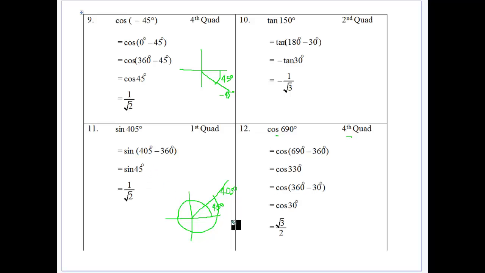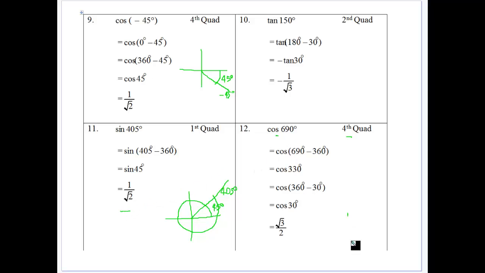Sine of 405 and sine of 45 go in the same direction. So it doesn't matter whether we take sine of 405 or sine of 45, we're going to get that same angle each time. Same as sine of 90 and sine of 450 would be exactly the same. It's going in the same direction. So that's where we say 405 minus 360 gives us the sine of 45, which is 1 on root 2.